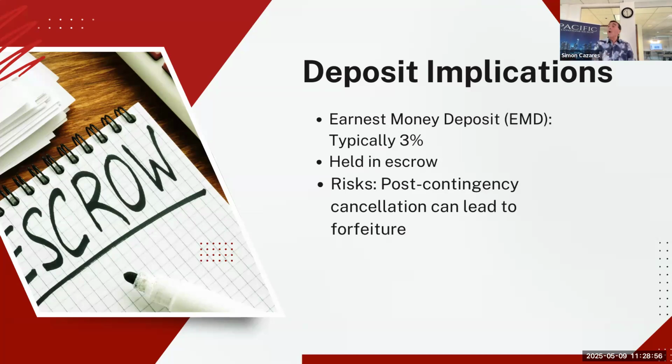But based on the liquidated damages clause, typically if it was all the fault of the buyer and no fault of the seller, that buyer would have to, per the contract, forfeit the full amount up to the 3% to the seller as the damages.